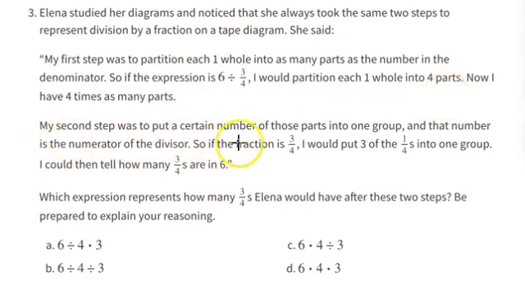Then her next step was to put a certain number of those parts in one group, and that is told to you by the numerator. So she would put 3 of the 1/4s in the group, and that way she knew how many 3/4s are in 6. So which of these is going to end up doing that for us?